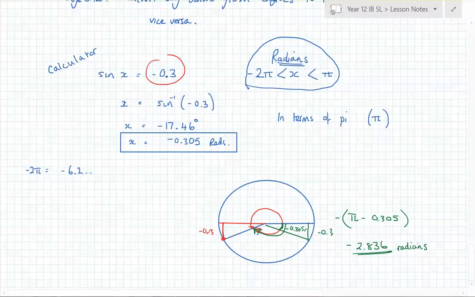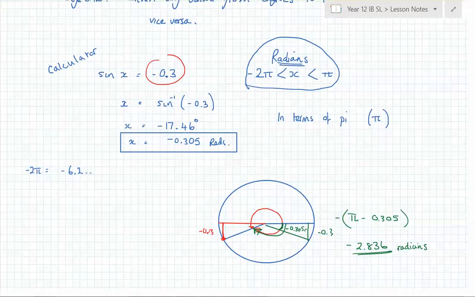Do we still give our answer in terms of pi? Well, this probably won't round to a whole number of pi, if you know what I mean. There's no point saying it's 2.348 pi when I've rounded the 2.348.